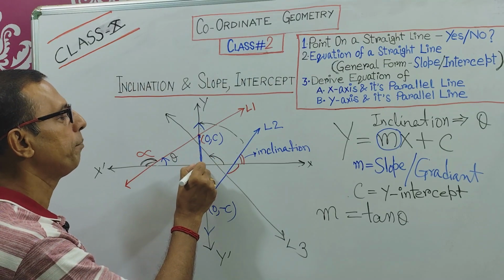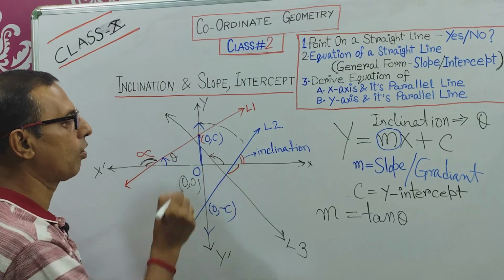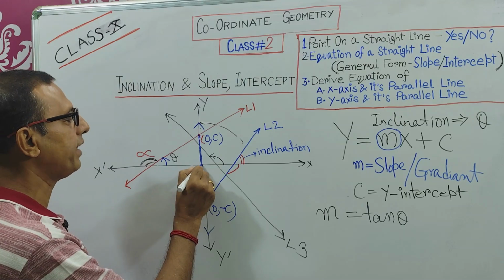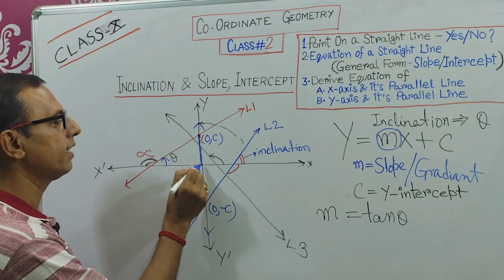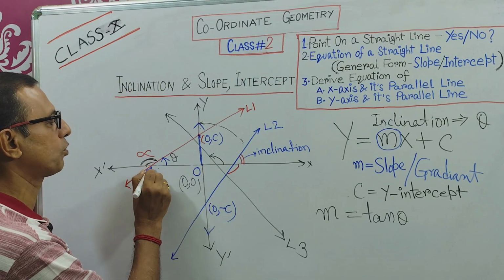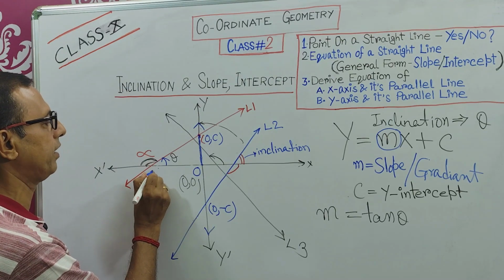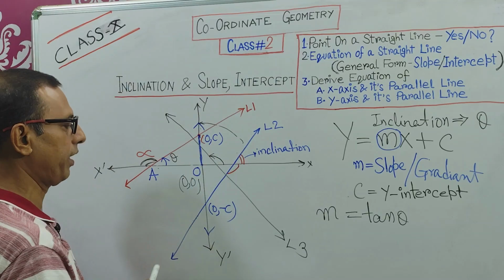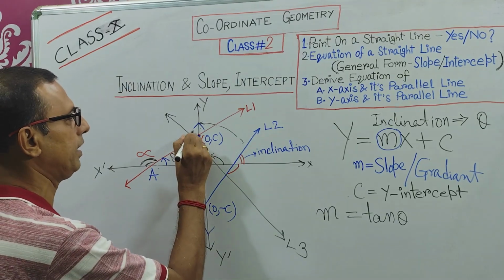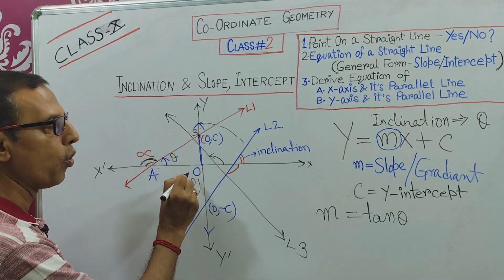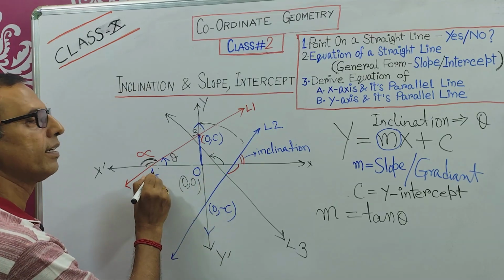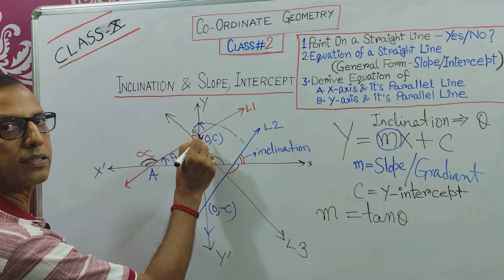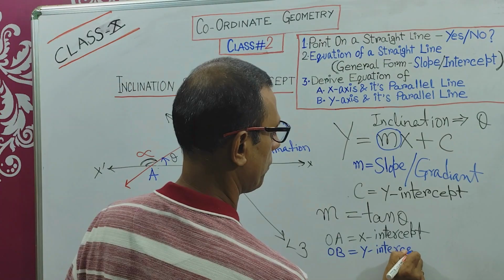The portion between the origin and that point is called the y-intercept, and where it intersects the x-axis, that is called the x-intercept. So if we say the intersection point with the x-axis is A, the intersection point with the y-axis is B, and the origin is O, in that case OA is the x-intercept and OB is the y-intercept.